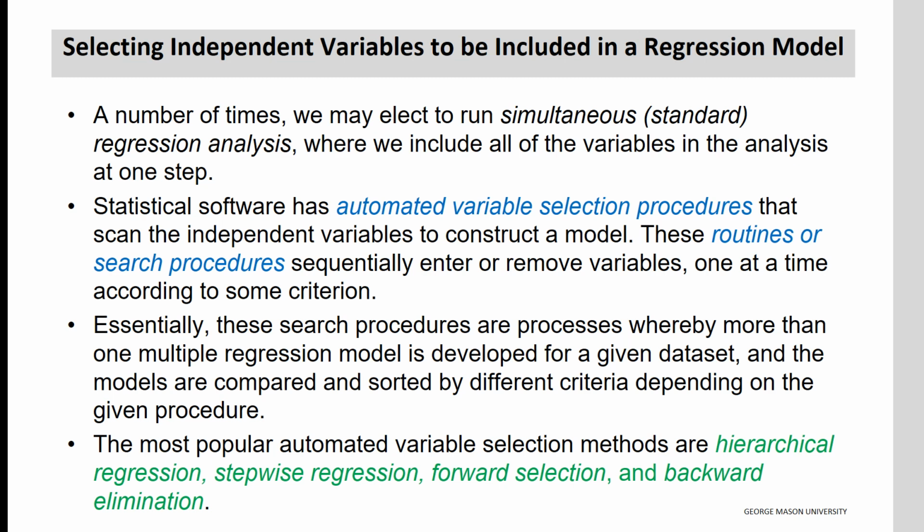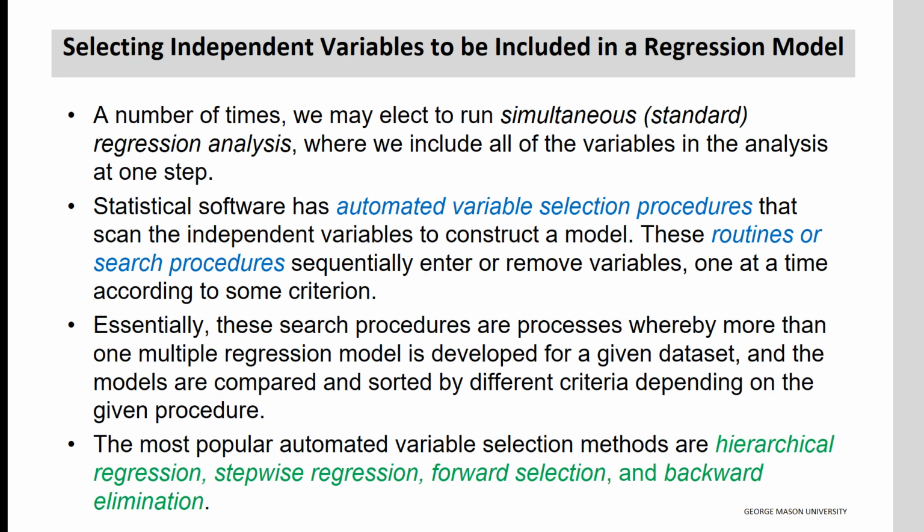Statistical software has automated variable selection procedures that scan the independent variables to construct a model. These routines or search procedures sequentially enter or remove variables one at a time according to some criterion.